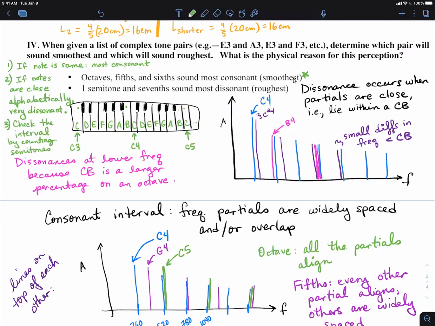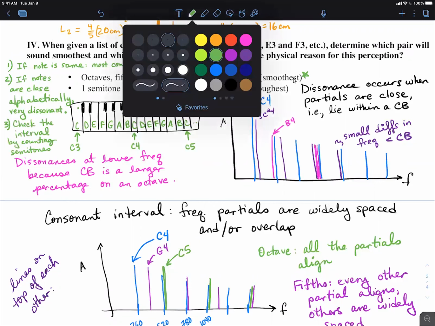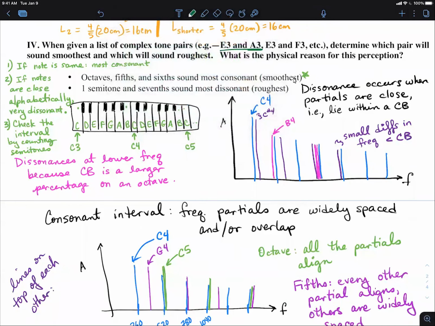So let's do these cases that are right here. I'm getting quite a bit of a mess here, but let's do it anyway. E3 to A3. So here is E3, and here is A3. Let's count. You don't start on that; you go up one. 1, 2, 3, 4, 5. So there are 5 semitones.